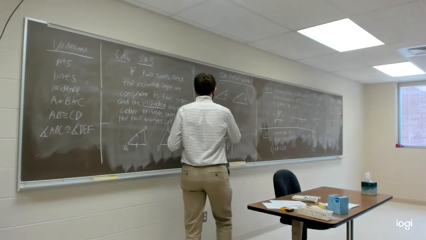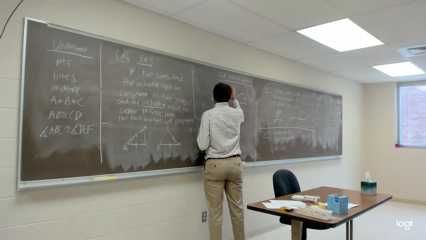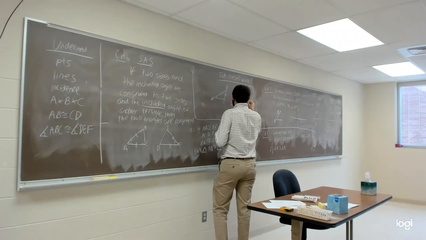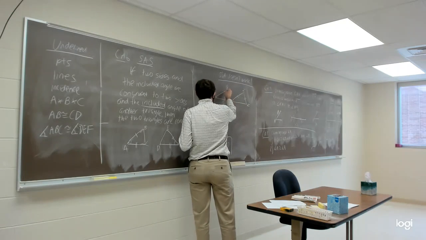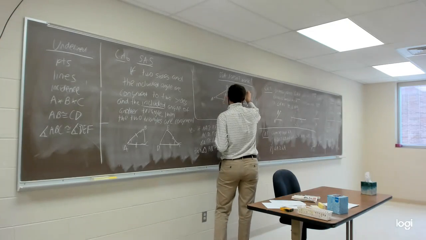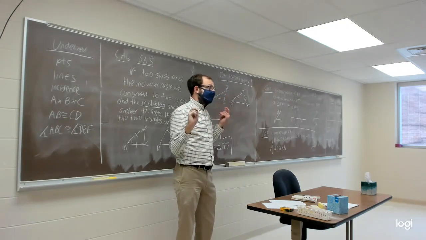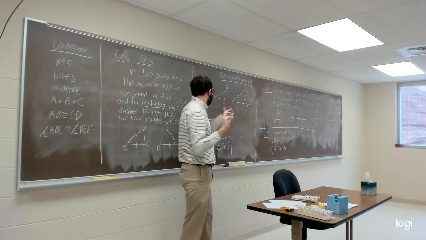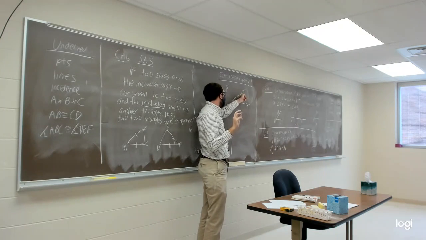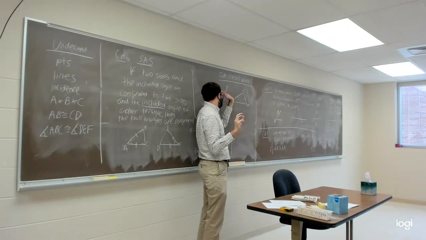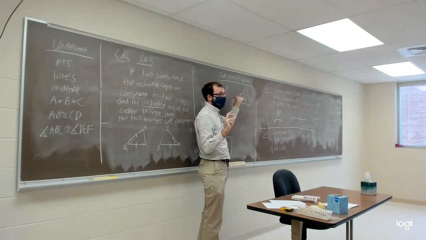Whereas here, let's give these names, just so we can talk about it really quick. We have two pairs of matching sides, the sides coming out of vertex B and vertex E respectively, but the matching pairs of angles are not the angles coming out of B and E, they are the angles coming out of A and D. Angles which are attached to one of the matching side pairs rather than both.